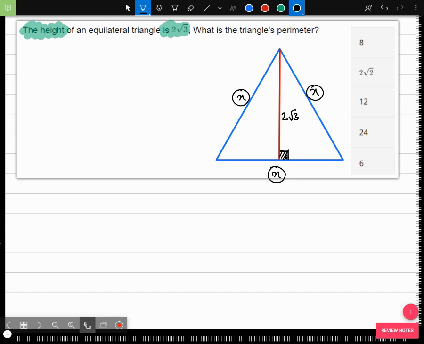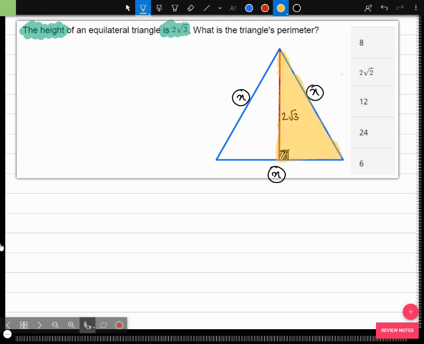Now, I see that there are two right triangles here. Here is one right triangle, and the other one is the remaining, unshaded one.